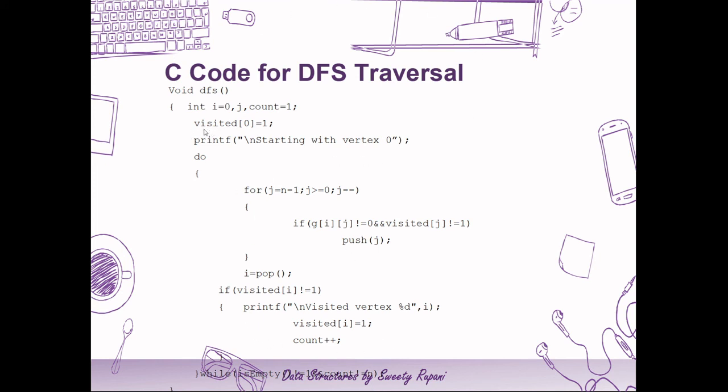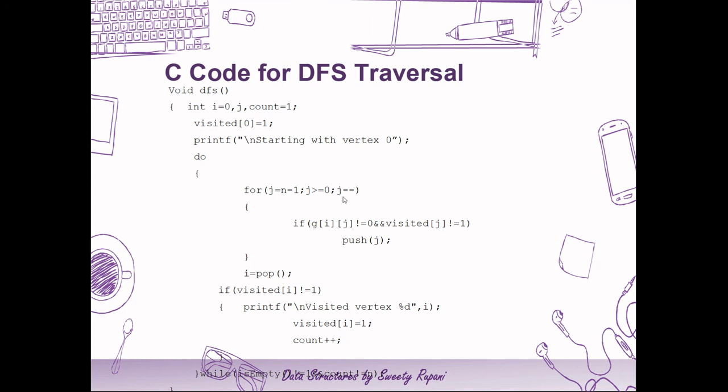So here also we are taking visited of 0 equal to 1 because the first node is always marked as visited, which is our source node. Followed by which we are taking a do while loop that will continue till stack is empty or count reaches n. Here we are taking a decrementation loop just because we have to push the nodes in a reverse order.